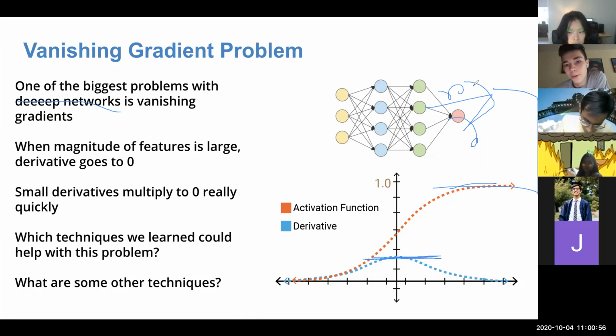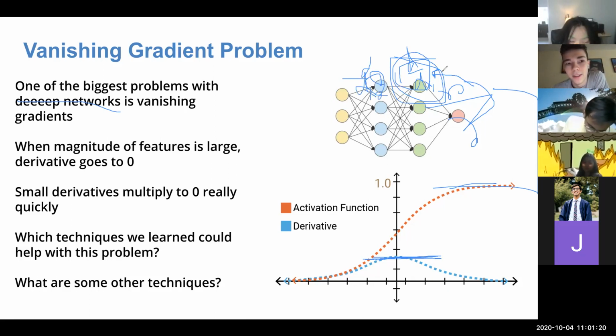When you do backpropagation, you're multiplying the derivatives. To find this derivative, it multiplies this derivative. You can prove it mathematically, or you can look up backpropagation online.